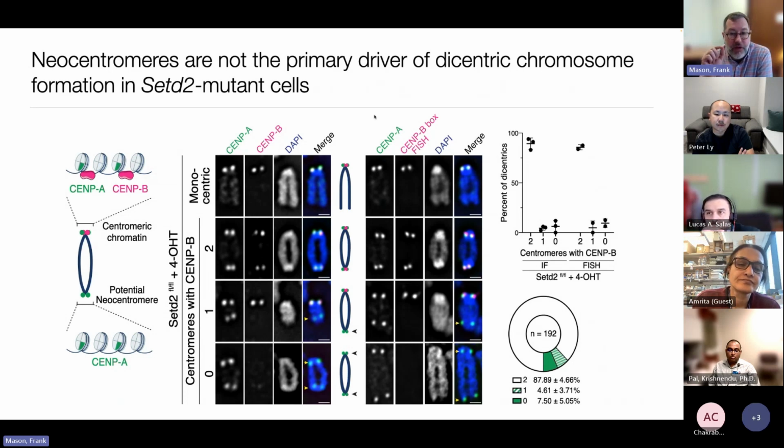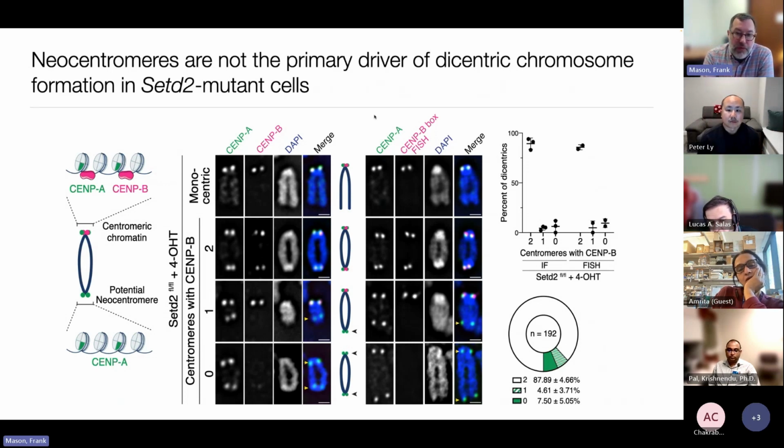So normally, on most chromosomes, CENP-A and CENP-B should co-localize because the CENP-B boxes are enriched at centromeric loci. However, if neocentromeres are forming, we should very frequently see CENP-A localizing to places where CENP-B is not present.